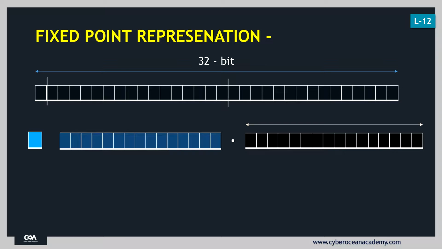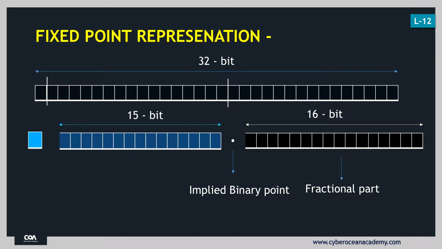Out of 32 bits, 16 bits are reserved for the fractional part, after the binary point, 15 bits are reserved for the integer part, and 1 bit is reserved for the sign field. When the sign bit is 0, the number is positive, and when the sign bit is 1, the number is negative.